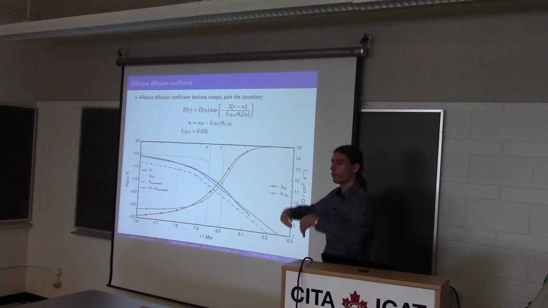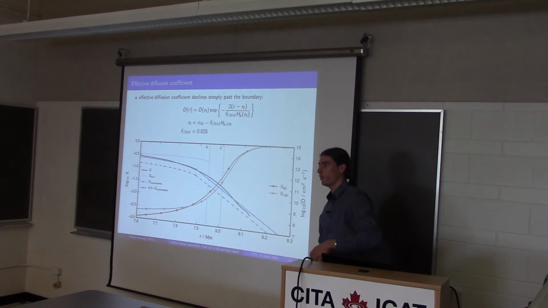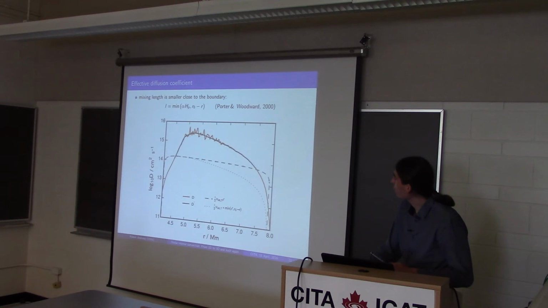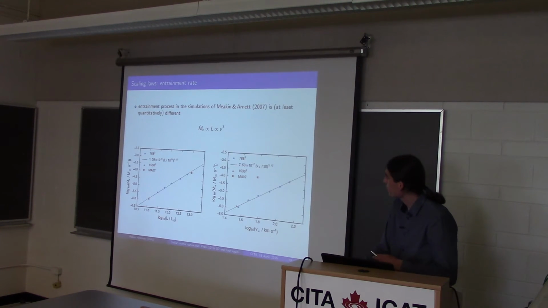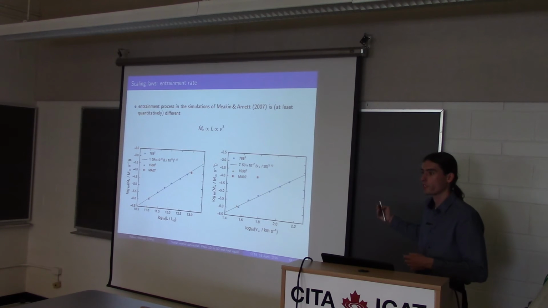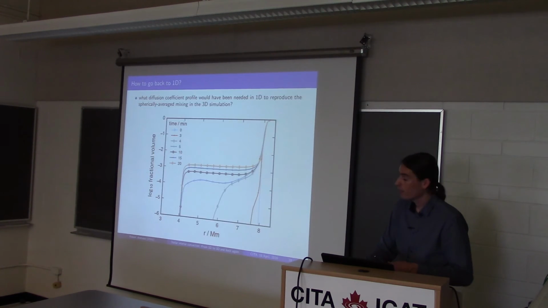You would get larger diffusion coefficients at the same distance from the boundary. That means the entrainment rate in the evolution code would be faster, because in our simulations the entrainment rate goes up almost linearly with the luminosity. So this has to be somehow reflected in that coefficient.